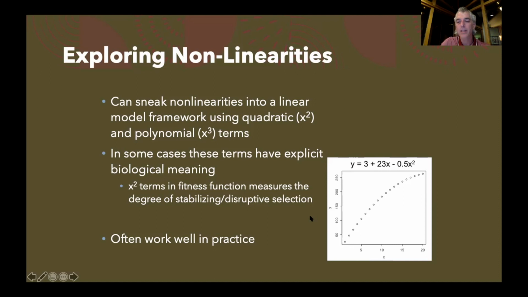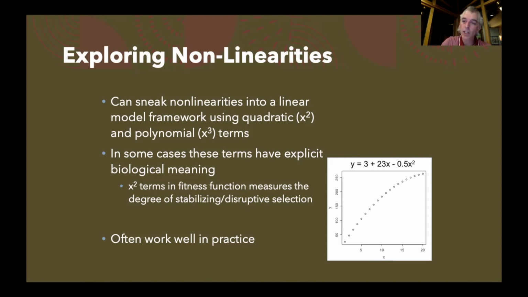Now, in some cases, we use these quadratic or polynomial terms as a way of trying to describe nonlinear relationships in a parametric way. But in other instances, quadratic relationships have their own biological meaning.